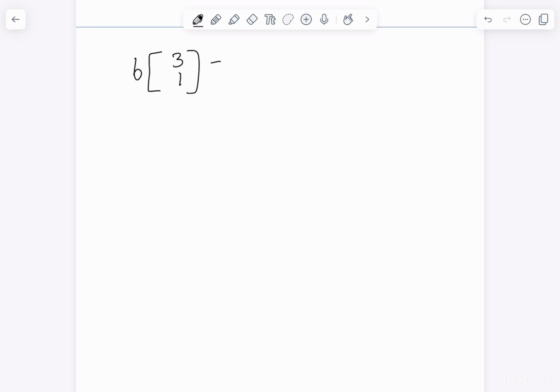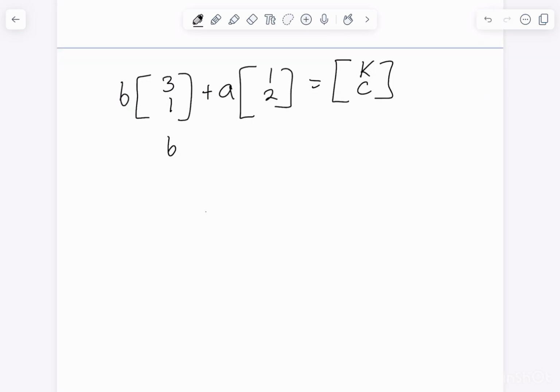For this next step, I'm going to be showing the linear combination of these two vectors algebraically. So first I'm going to put it into vector notation, and I'm having my k and c represent constants, and then I'm going to use the systems of equations to rewrite these vectors and then solve for my unknown values of b, a, c, and k.